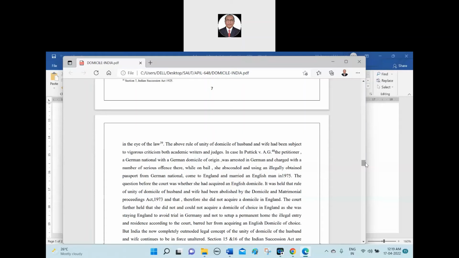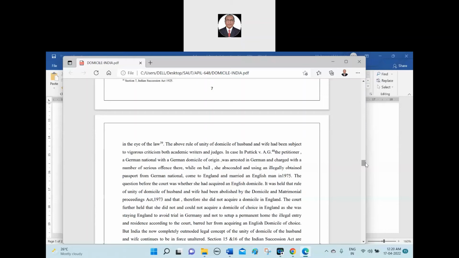So that is the reason they held that the rule of unity of domicile of husband and wife had been abolished by the Domicile and Matrimonial Proceedings Act of 1973, and that therefore she did not acquire the domicile of England. The court further held that she did not and could not acquire the domicile of choice in England, as she was staying in England to avoid trial in Germany and not to set up a permanent home.